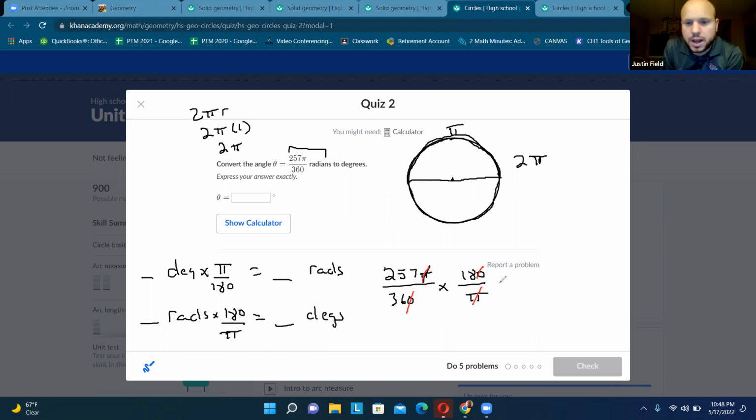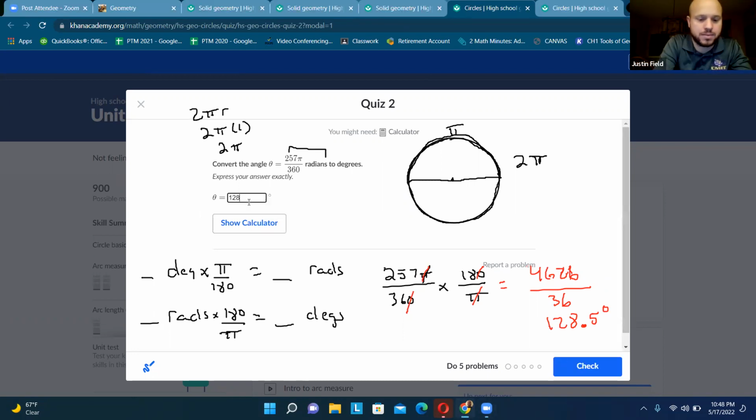Now let's multiply across: 257 times 18 is 4,626, over 36. Now divide that by 36, and we get 128.5 degrees.